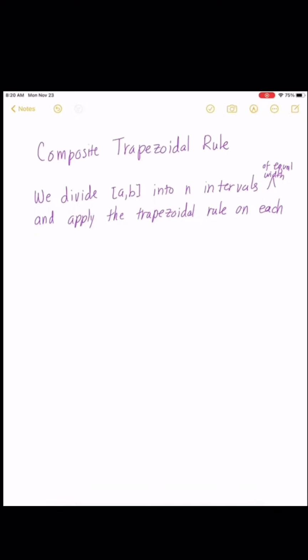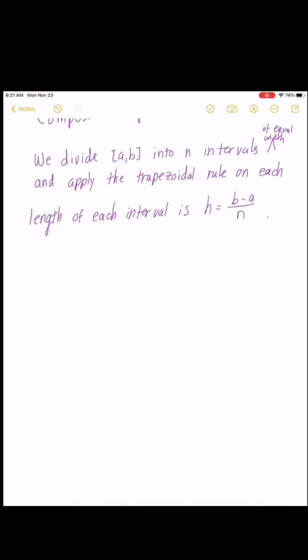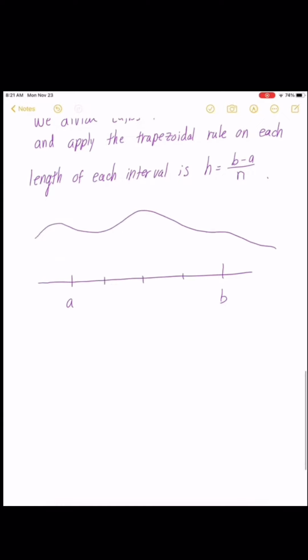The length of each interval, or the width, we're going to call h, and h is b minus a over n. So what this will look like: say we have a and b somewhere on our x-axis, and we have a function. Let's do n equals 4.